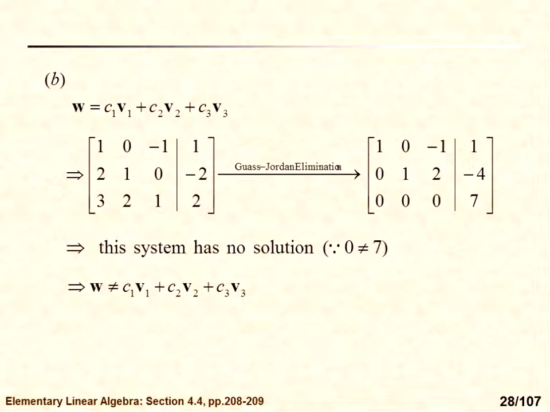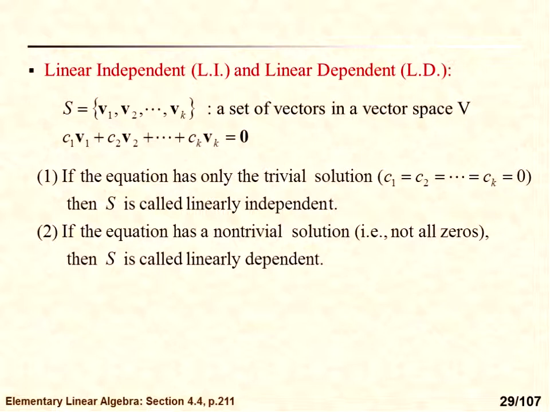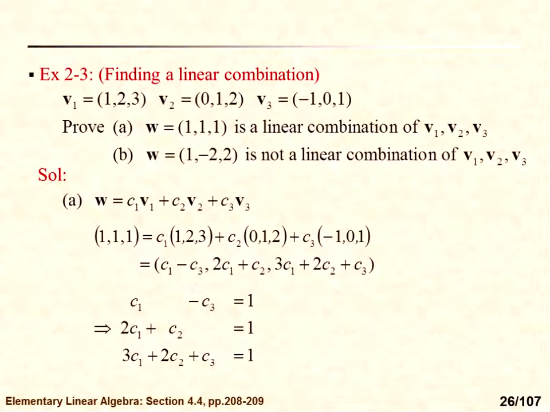So these are some notations of subspace. Finding the linear combination. This is the linear combination of v1, v2. So our next topic is to find linearly independent or linearly dependent.